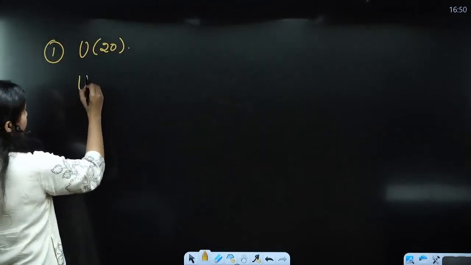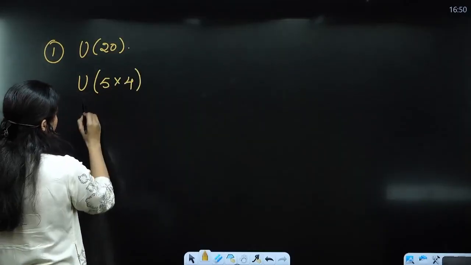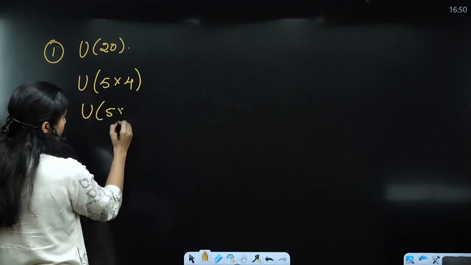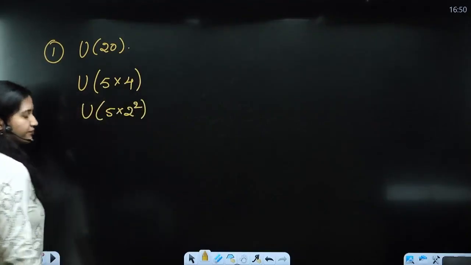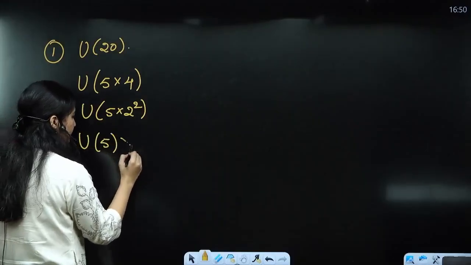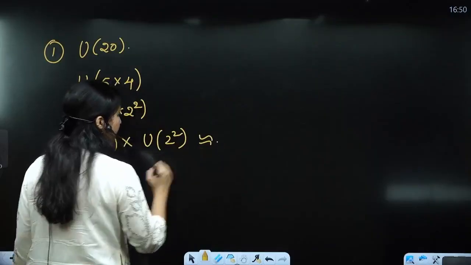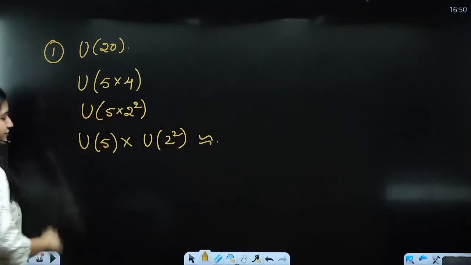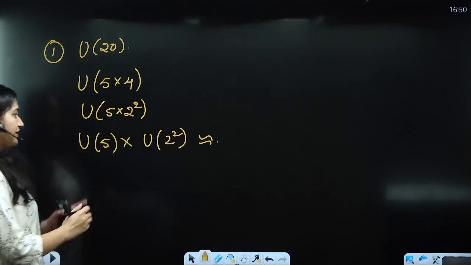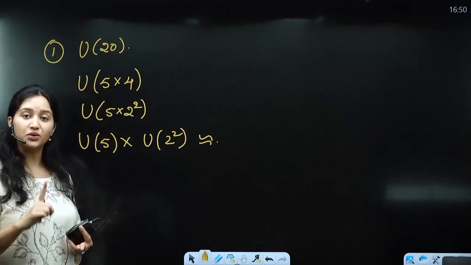Now U20, how can I write U20? It is 5 into 4, which is equal to 5 into 2 raised to the power 2, right? Now which can be written as U5 cross U2 square. Now which is going to be isomorphic to what? U5 आपका स्ट्रेट फॉरवर्ड क्या है, 5 raised to the power 1. किसकी फॉर्म में है, p raised to the power 1 where p is not equal to 2.